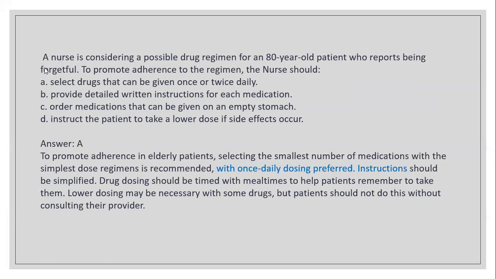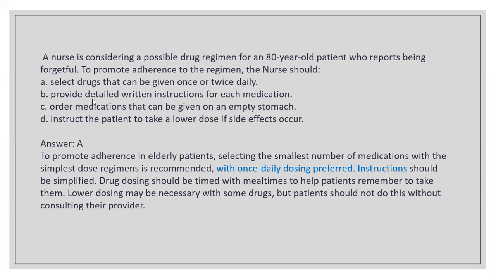Next question. A nurse is considering a possible drug regimen for an 80-year-old patient who reports being forgetful. To promote adherence to the regimen, the nurse should, number A, select the drugs that can be given once or twice daily.